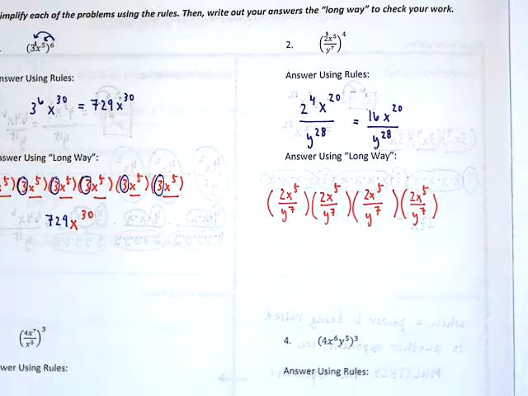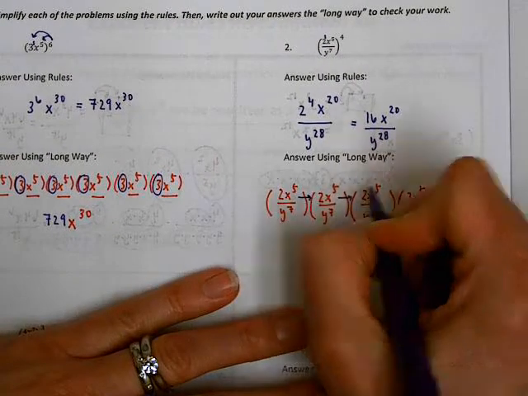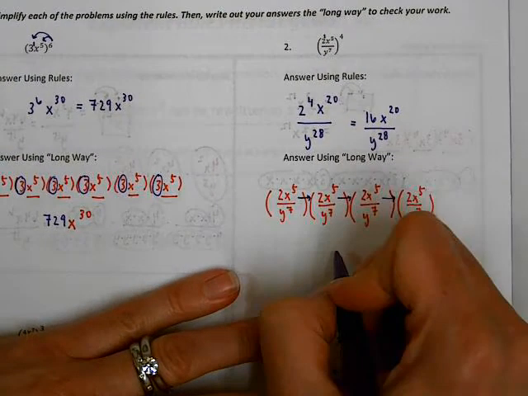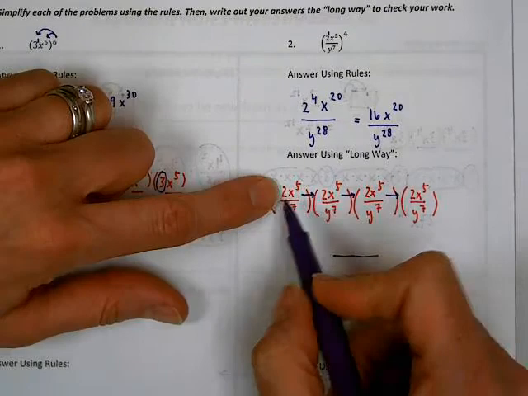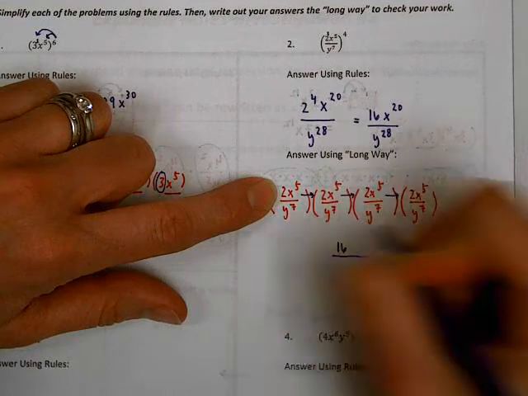Now, when we're multiplying by fractions, remember we always just multiply all the numerators, the things that are on the top. Those are going to stay in the top. So I have 2 times 2 times 2 times 2. It's going to give me 16.